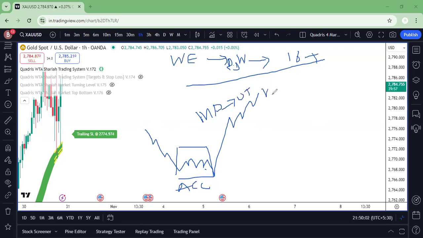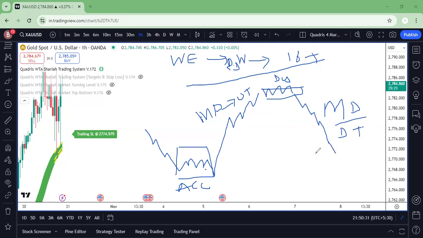After going through this markup phase, the market gets into a distribution phase. After the distribution phase, price falls down, which is referred to as markdown, normally called a downtrend.